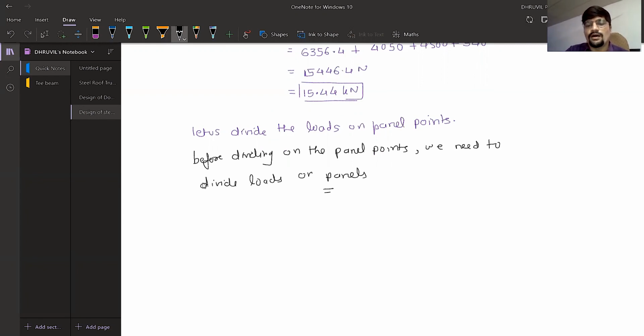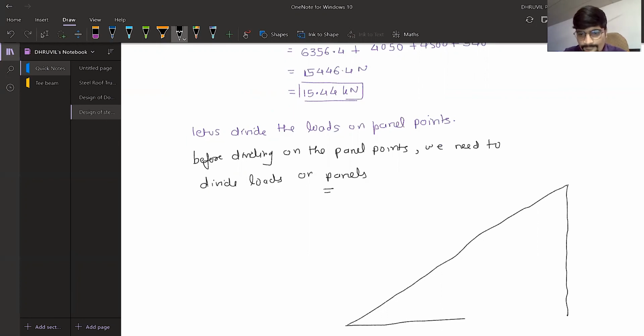So I'm taking one half of the roof truss like this. We have found the number of panels is 10 for the whole roof truss, so for the half it will be 5. So let us divide the panels.